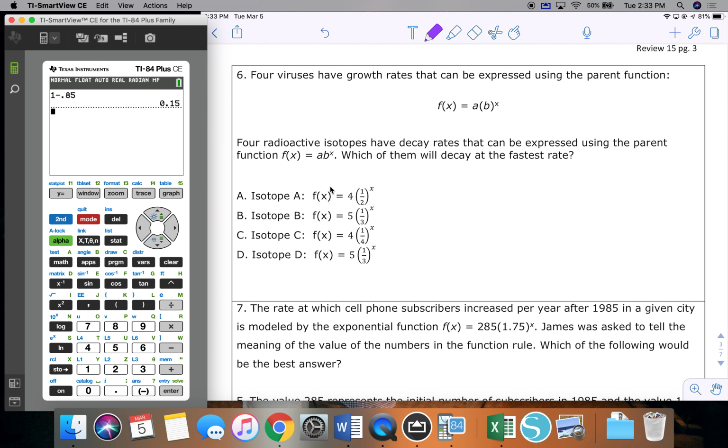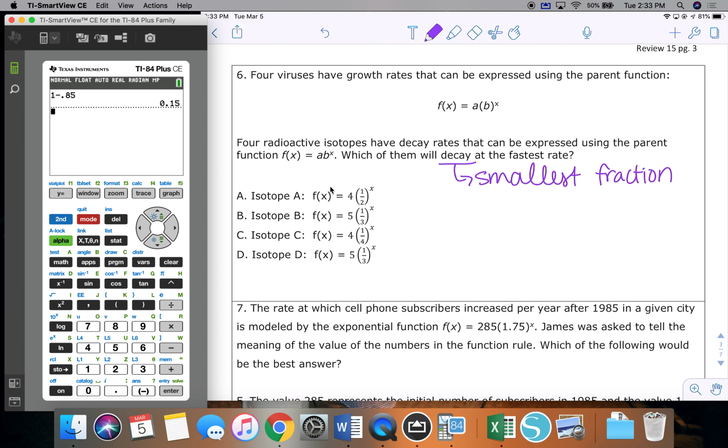Problem 6, we have 4 viruses that have growth rates that can be expressed using this parent function. 4 radioactive isotopes have decay rates that can be expressed using the parent function. Which of them will decay at the fastest rate? So the fastest decay is going to be the smallest fraction.